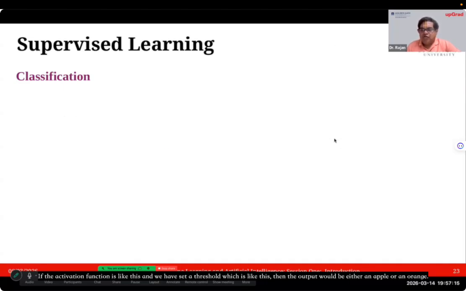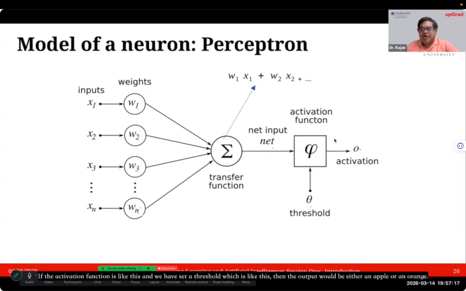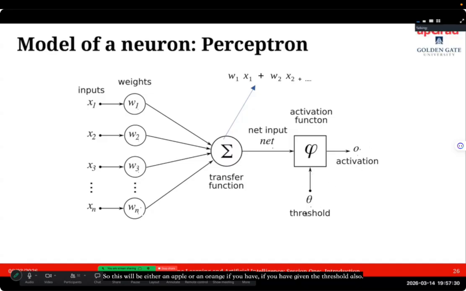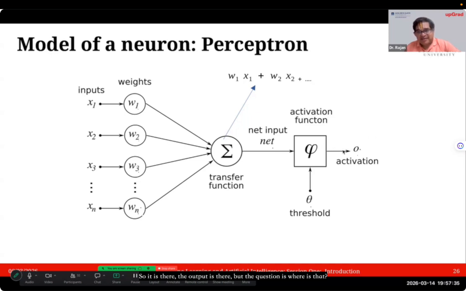Then the output would be either an apple or an orange. The threshold, the activation function, and the activation is the output here. So this will be either an apple or an orange if you have given the threshold also. So the output is there.